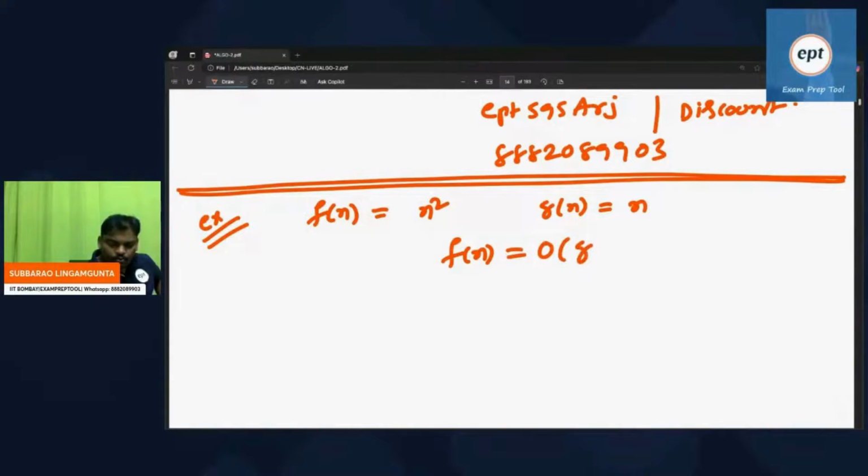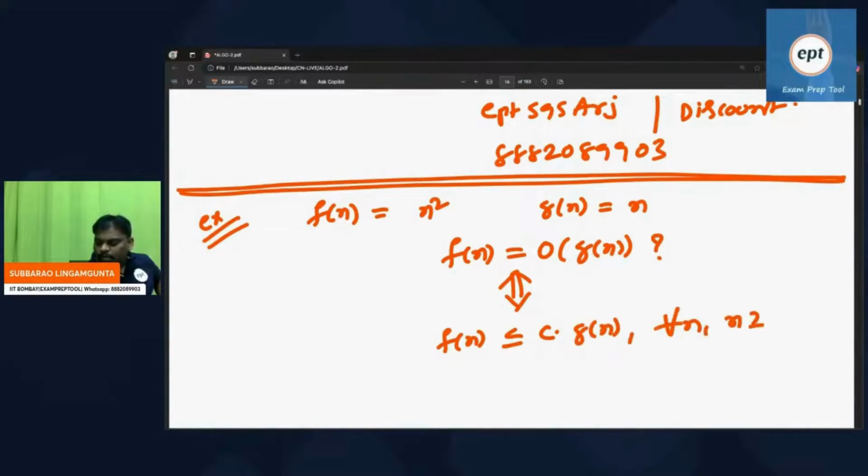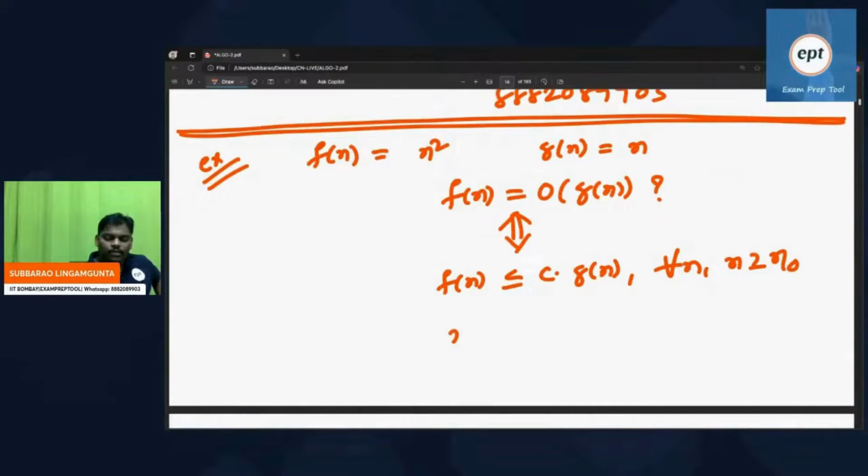If you want to prove this, this condition should be satisfied: f(n) is less than or equal to some c into g(n), for all n where n is greater than or equal to n0. Can I prove it or not? Let me check. f(n) is n square, less than or equal to some c into g(n), for all n greater than or equal to n0.